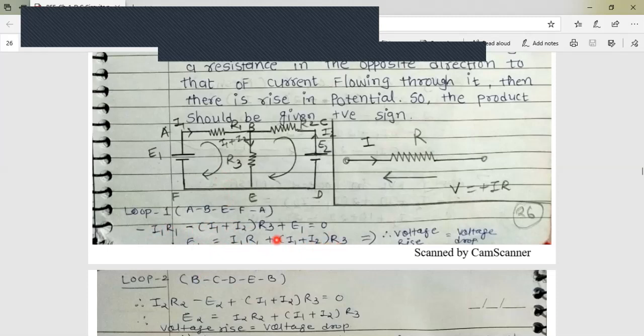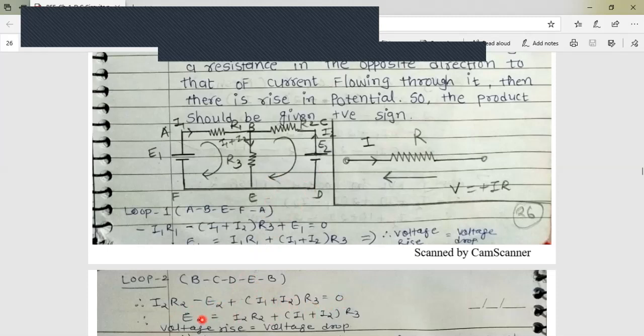Now again, we apply Kirchhoff's voltage law in the second mesh. So we are discussing this mesh, B, C, D, E, B. We start with I2 R2, so I2 R2 minus E2 plus (I1 plus I2) into R3 equals 0.